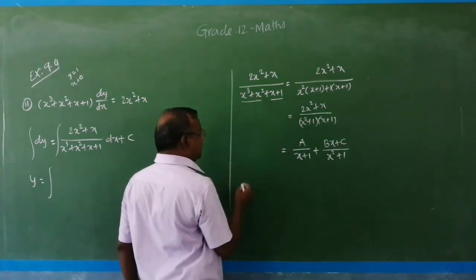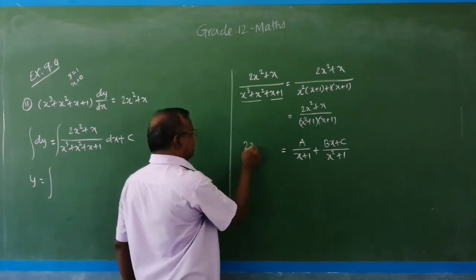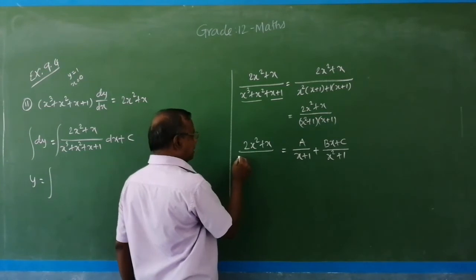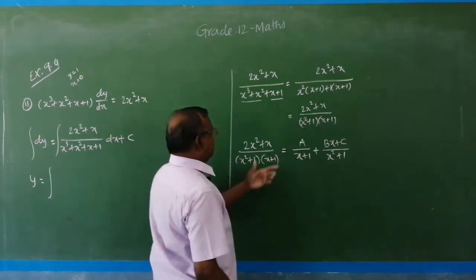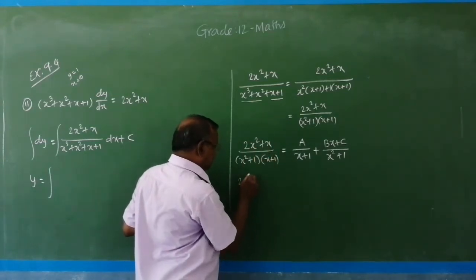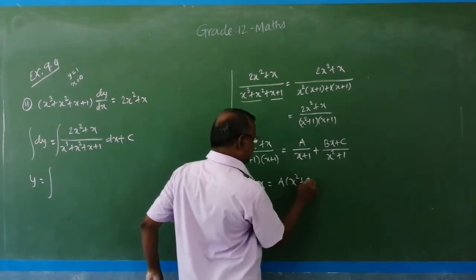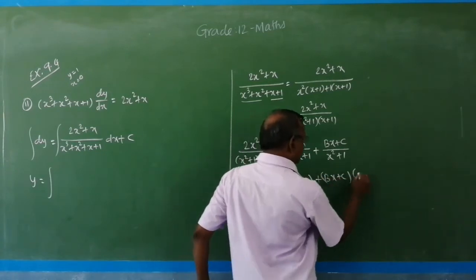Now equating the numerator on both sides, the numerator here is 2x square plus x, divided by x square plus 1 into x plus 1 in the denominator. Now equate the numerators: 2x square plus x equal to a into x square plus 1 plus bx plus c into x plus 1.